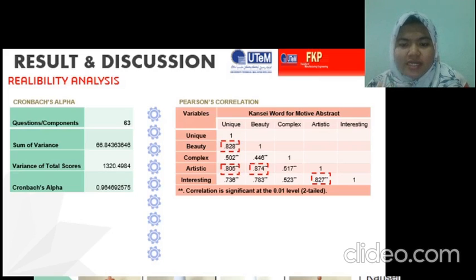So this result of the study shows similarity with the studies conducted by Lin and Liu 2017, which clarify that the Kansei word beauty has a significant positive association with purchase intention, based on their correlation findings.